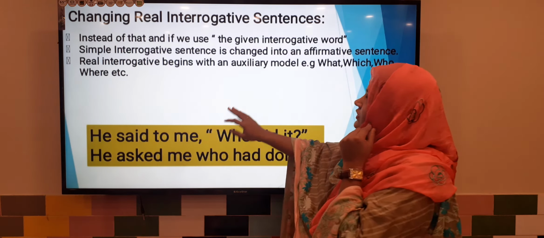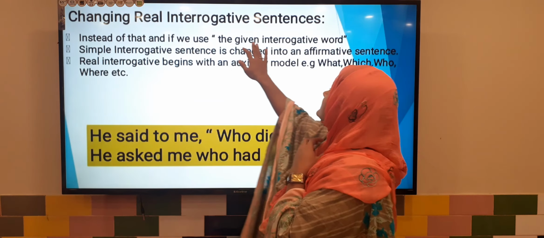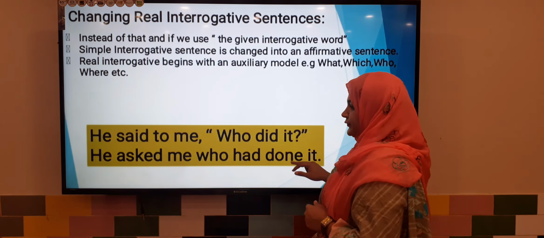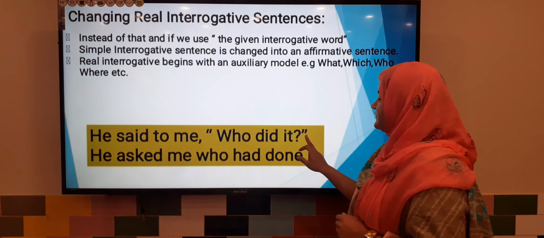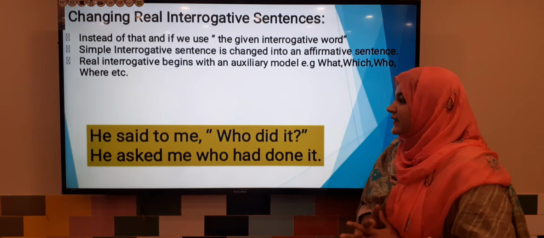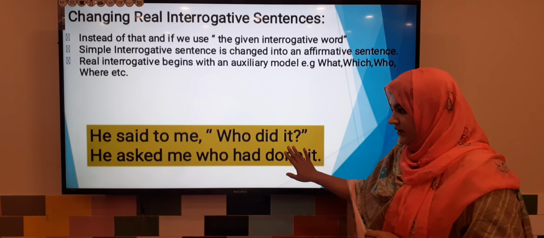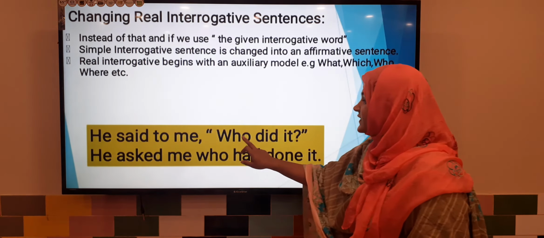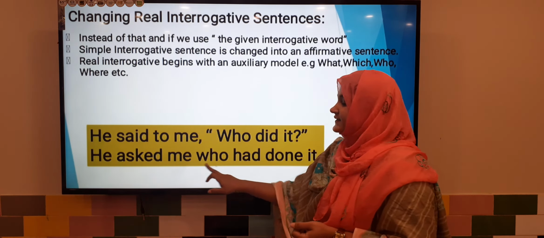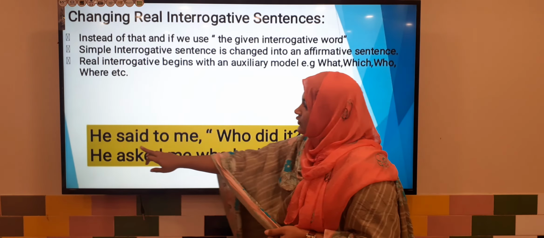Now instead of if, we use the given interrogative word. If you can see the example, I haven't used if instead of inverted commas, because this is a real interrogative sentence and I am going to use the given interrogative word here instead of if.